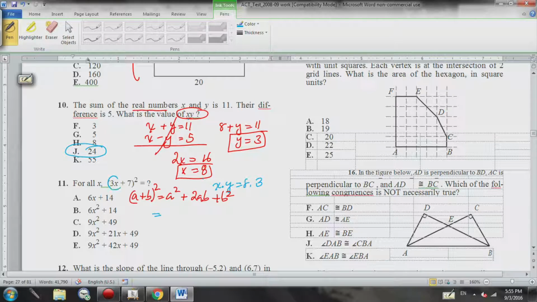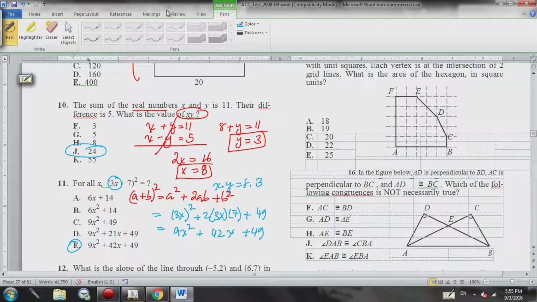In this case, a is 3x and b is 7, so it would be (3x) squared plus 2 times 3x, which is a, times b, which is 7, plus b squared, which is 7 squared, 49. Now this is 9x squared plus 6 times 7, that's 42x, plus 49. So the answer is this.